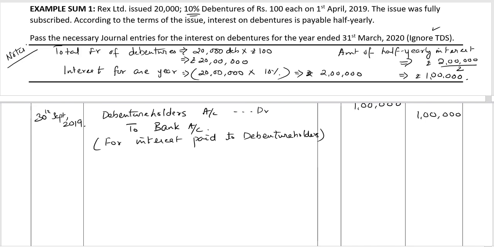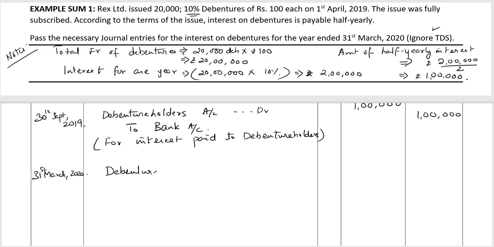The next interest, half yearly interest, is due on 31st March 2020. We'll make the entry for the interest due to the debenture holders.